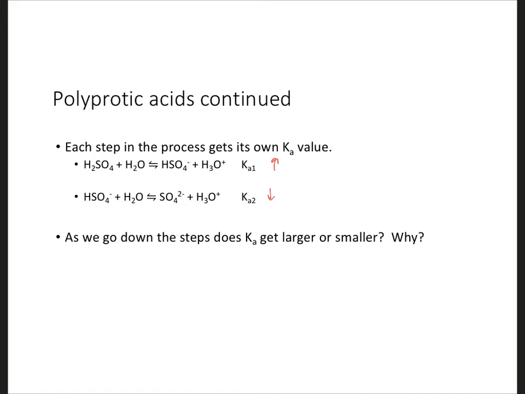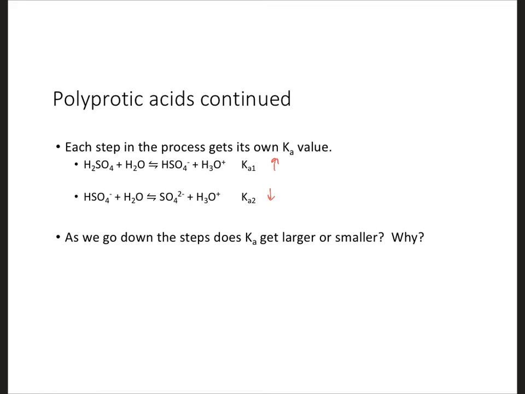So if we reflect back on the phosphoric acid example, there were 3 steps. The first deprotonation, that first donation of a proton, is going to be the easiest. That is going to be the largest Ka value in that sequence. When we try to give up the second proton, our Ka value is going to get smaller. And then when we try to give away that third proton, it's going to be even harder, which means you're going to end up with an even smaller Ka value.